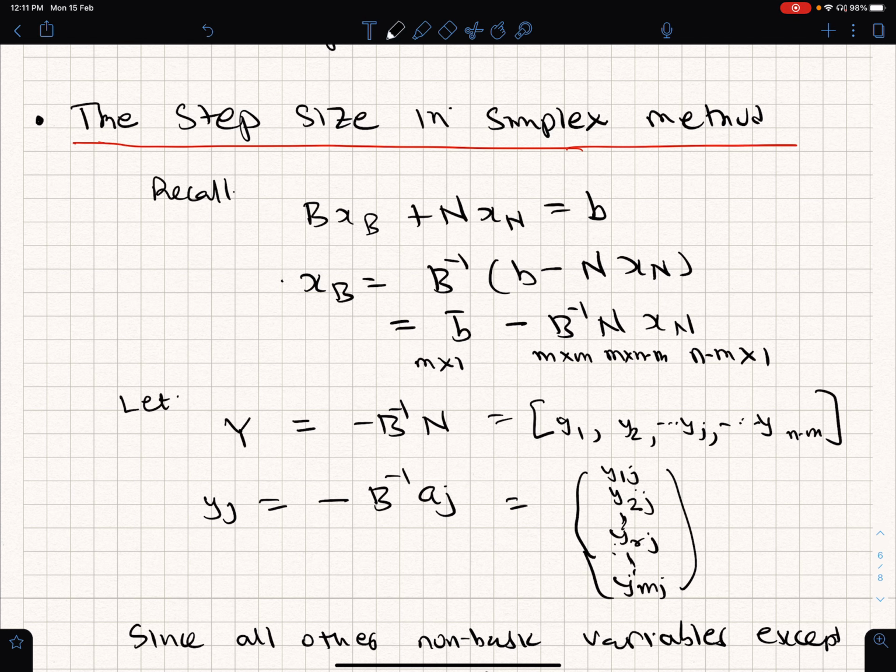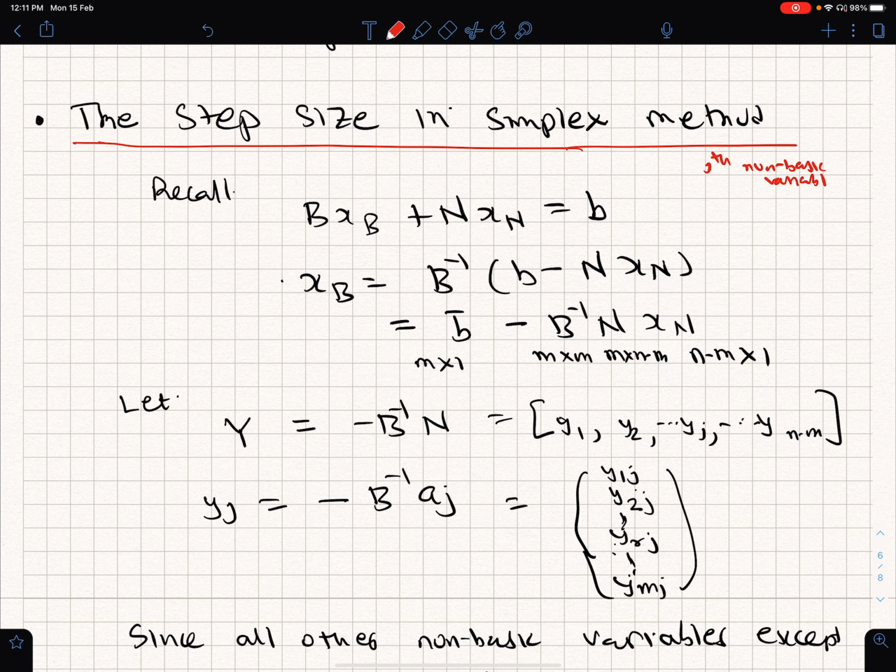Now, so far we have identified what is going to happen while moving to the adjacent vertex. One new constraint, which in our case corresponds to the jth non-basic variable. If you remember clearly, we have been talking about bringing in the jth non-basic variable.